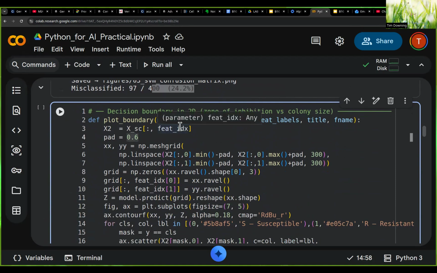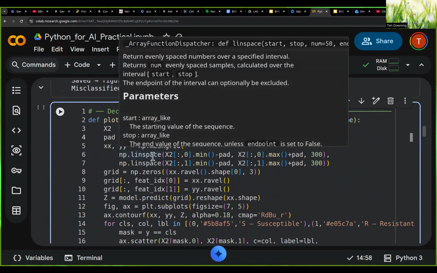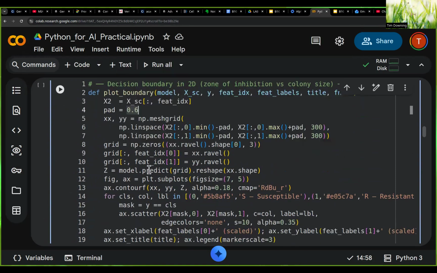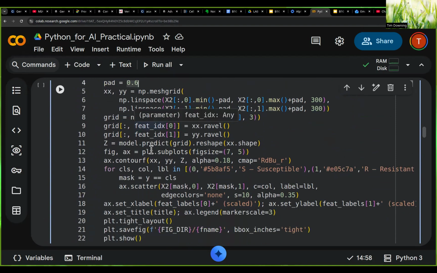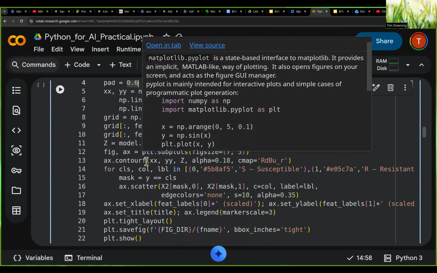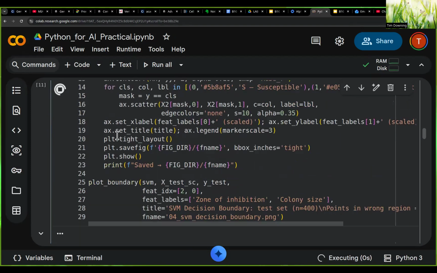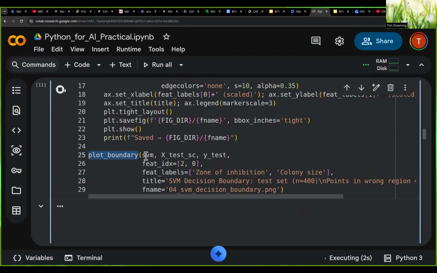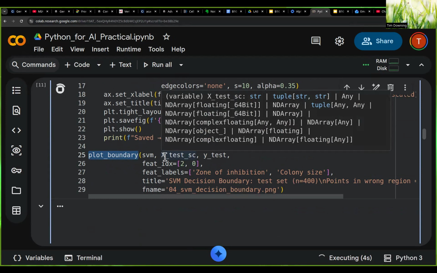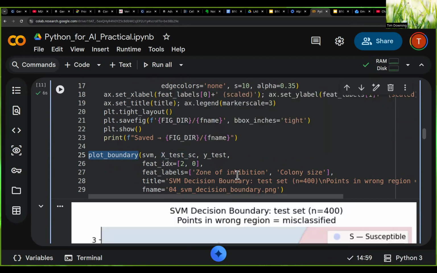So we're taking our data and predicting its contour lines across the plot, saving that figure to our output data, and then mapping onto this the plot boundary from the SVM we had before to see how well it classified.